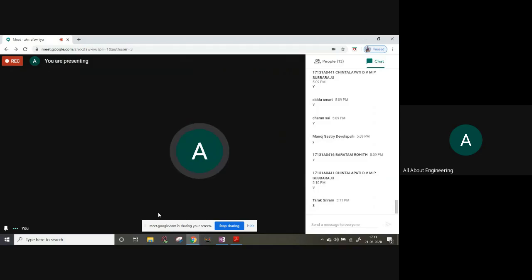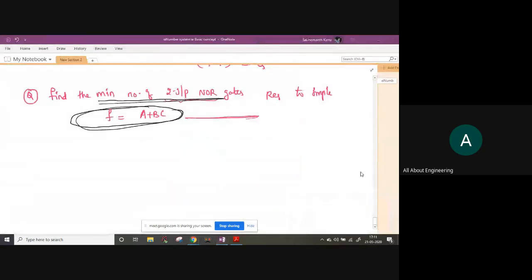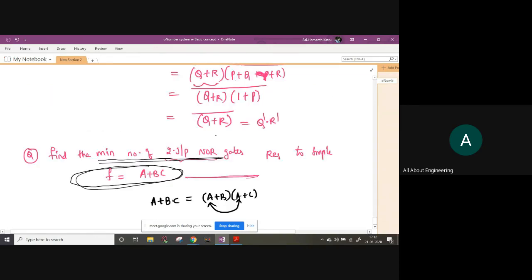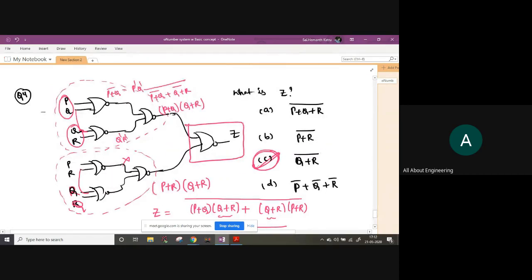To be frank, you need not solve this question either, because just now I explained the answer. From the distributive law, I can write A plus B and C as A plus B and A plus C. So here the common thing is A. Let's revisit the previous question: Q plus P and Q plus R is Q plus PR, right?